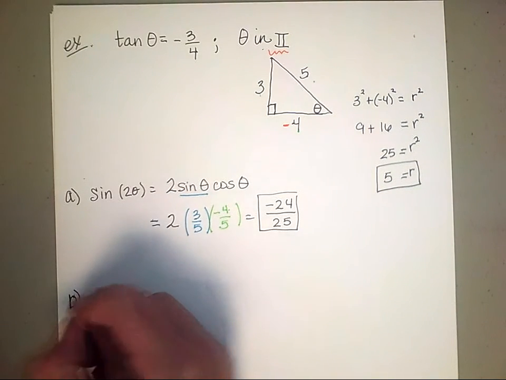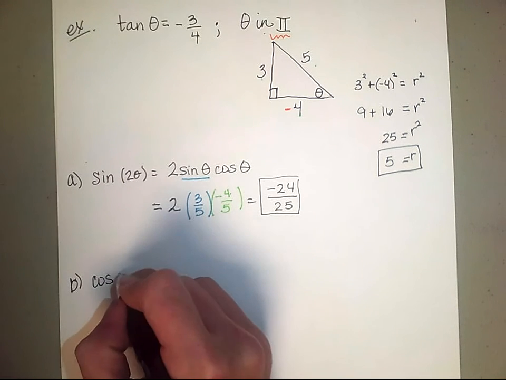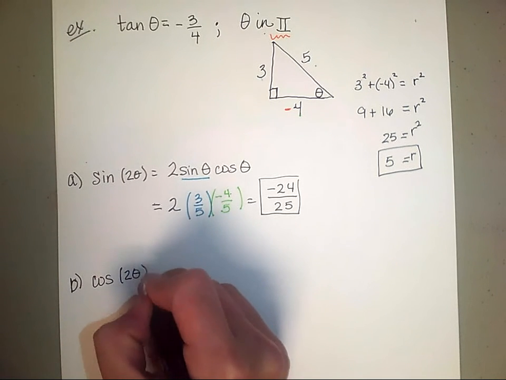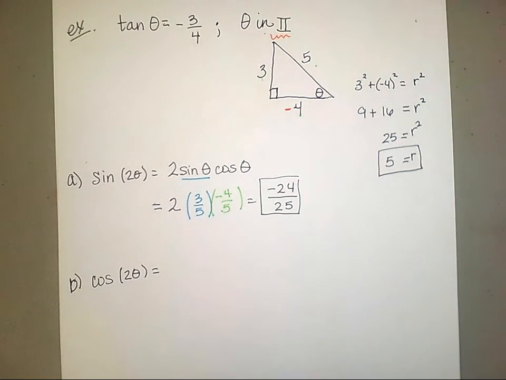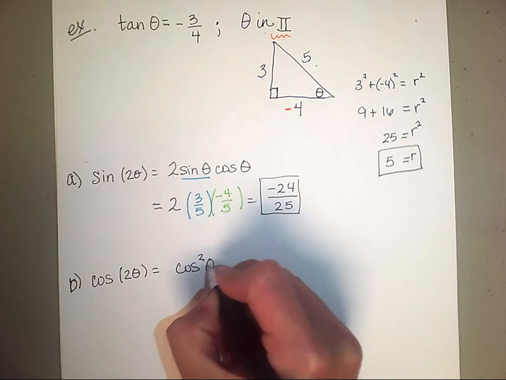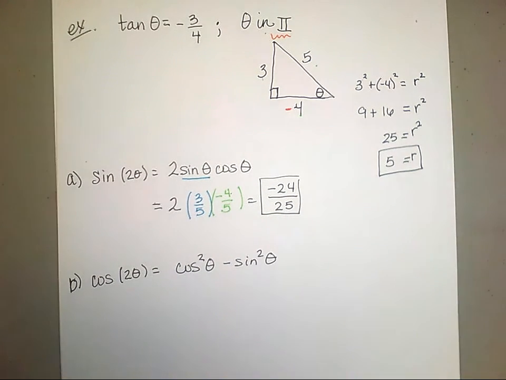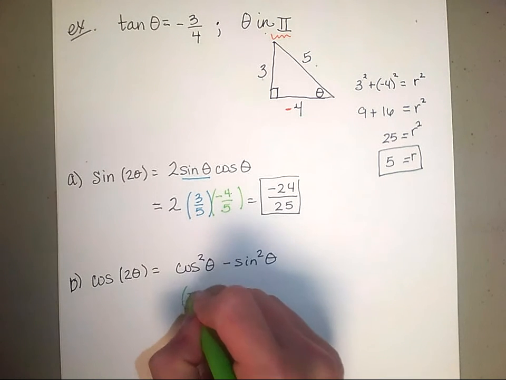We could ask ourselves about the cosine of 2 theta. Now, in this case, remember we have 3 forms to choose from. I'll just use the first form. Cosine squared of theta minus sine squared of theta. Well, the cosine is negative 4/5.